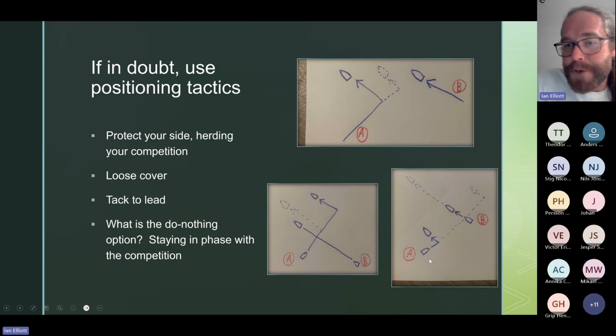Because if you continue on port here, you're leveraging out. You're putting money on the right side of the course. You're saying, I believe that B is going the wrong way. So if you want to go left, tack to lead, because if you go here, and this boat keeps going straight, you end up here, the slightest left shift, and you start falling into that boat.